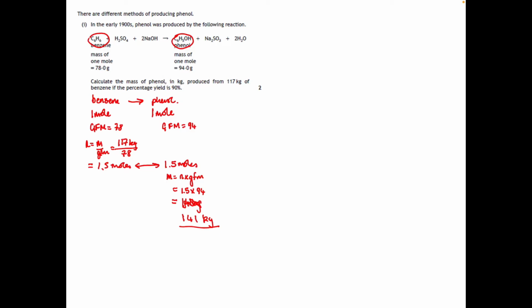So we know our theoretical yield, and our actual yield is going to be the percentage times your theoretical yield. If you rearrange the equation, that's how you get it. So it's going to be 90% of 141 kilograms. That's the same as doing 0.9 times by 141 kilograms.